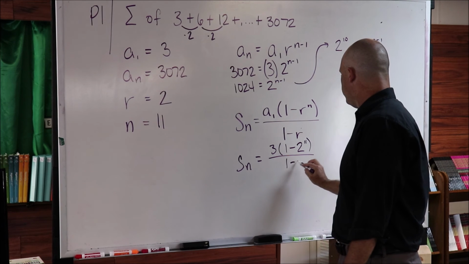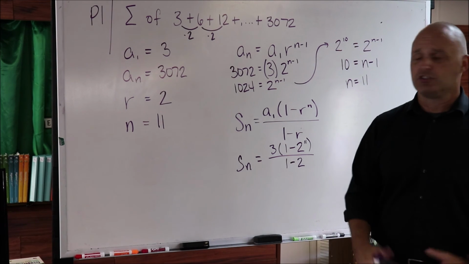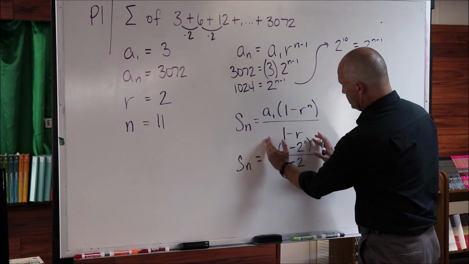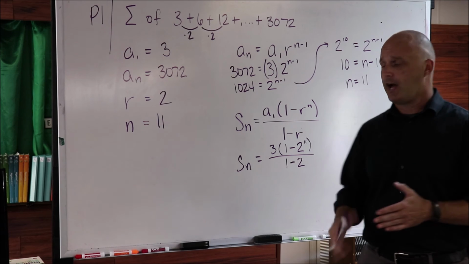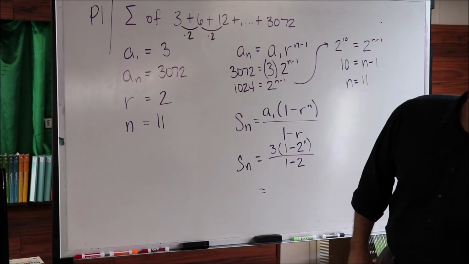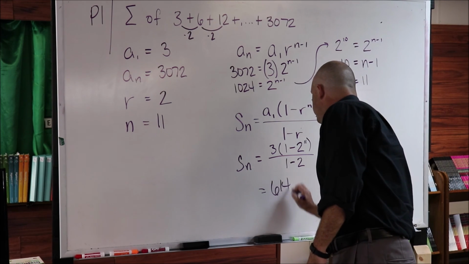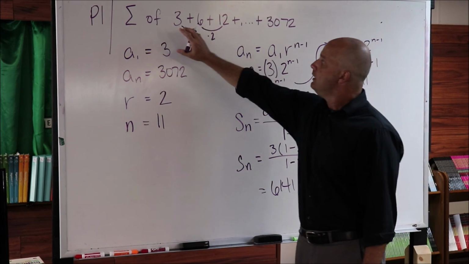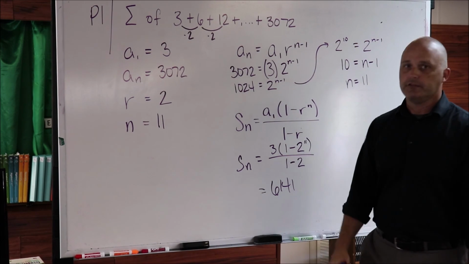So we end up with basically just a negative 1 down there. But what I would suggest is take this entire expression on the right side, plug that into your calculator, and what you're going to get is the number 6141. So if we take every value in this series and add it up, we're going to get 6141.